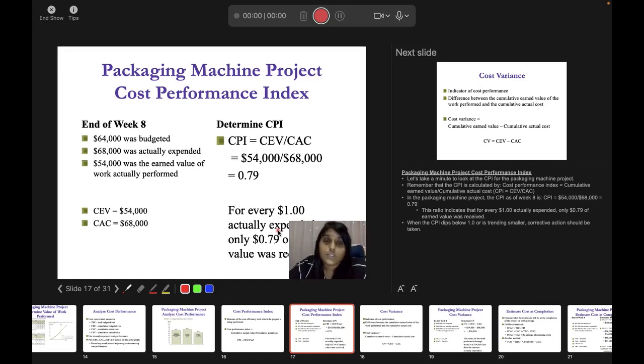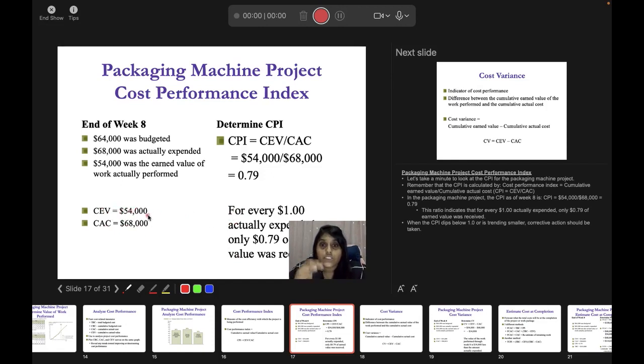You are supposed to have more than or equal to 1. Here your earned value is only 54,000, but your actual cost is 68,000. That means your earned value is still low.